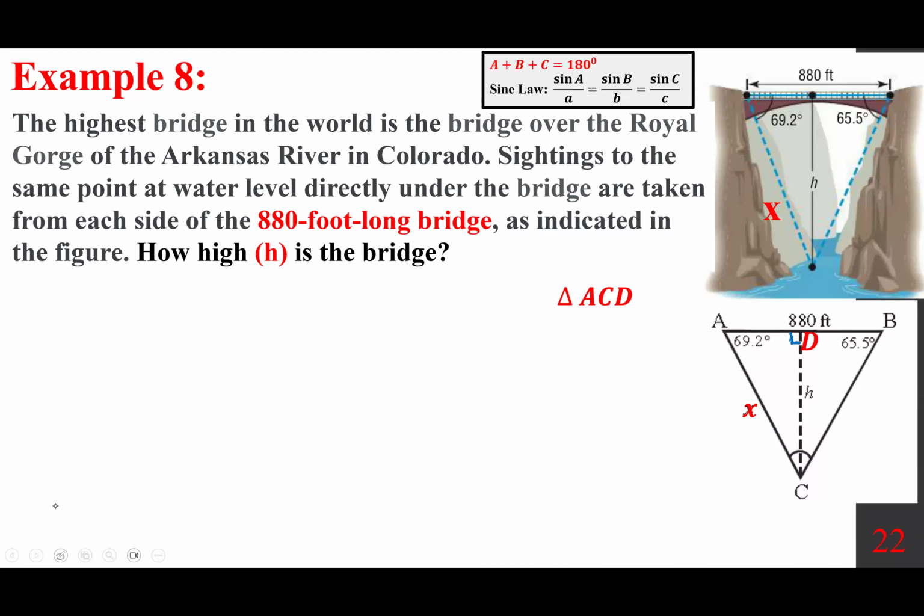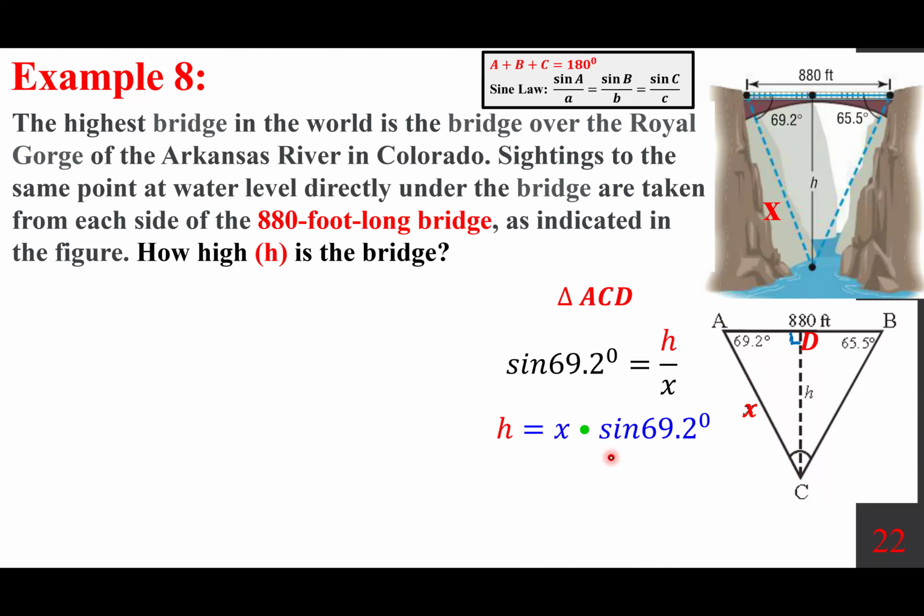Right triangle, right? So in this triangle, sine of 69.2 is H over X. And therefore, H is the product of these two, which means if I can find X, if I can find this distance, I'm practically done.